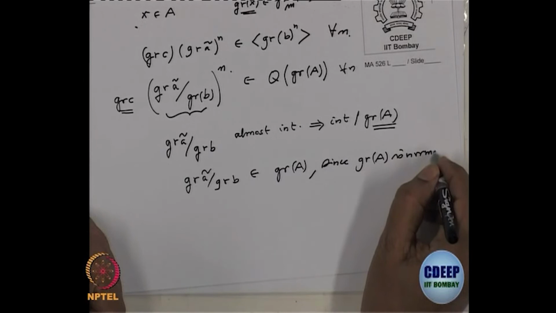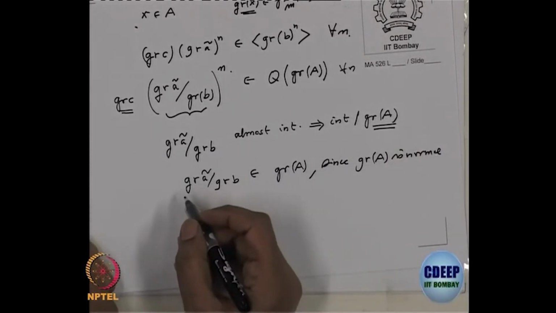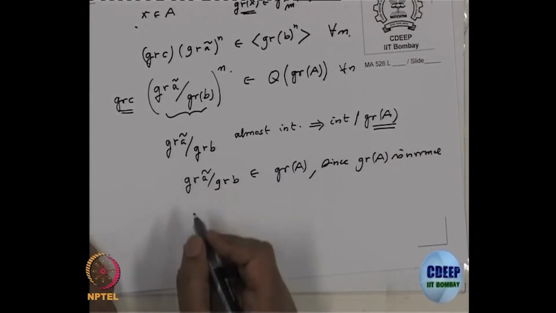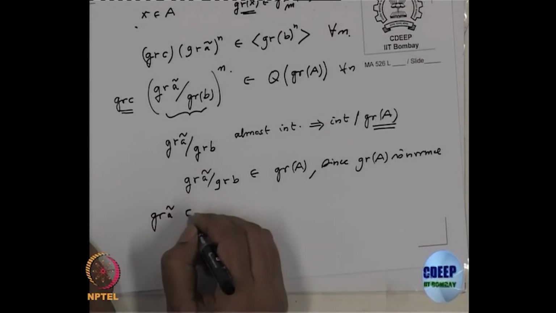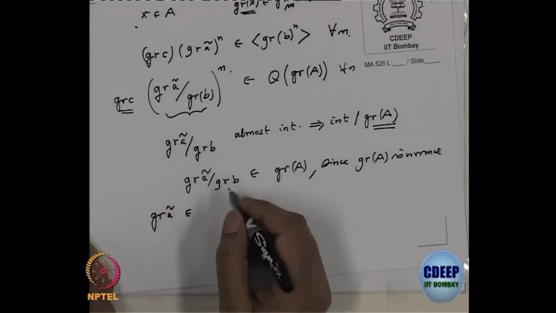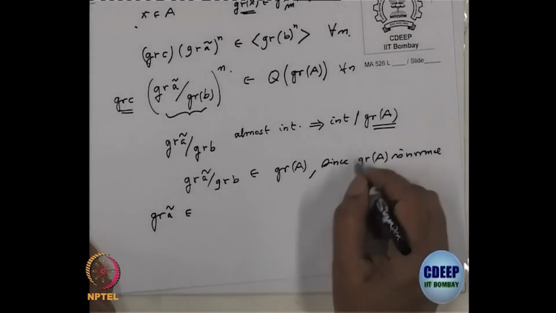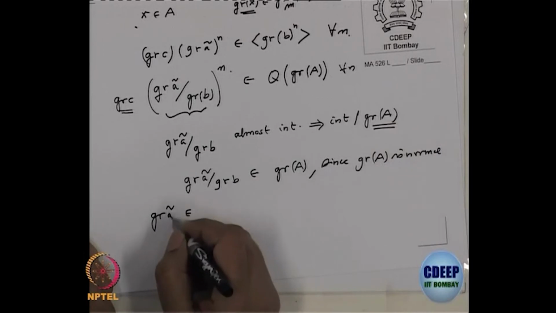But what does that mean? By definition, GR A tilde is in the nth component of this ring, and nth component means the order of this A tilde.